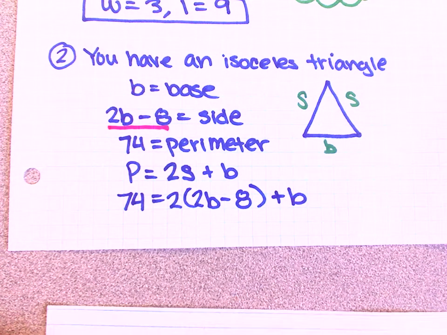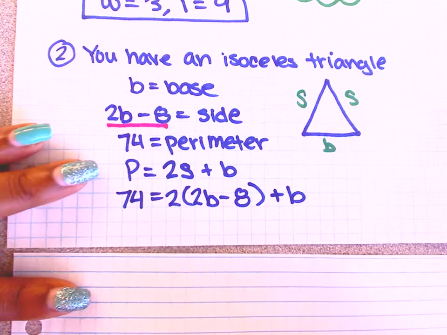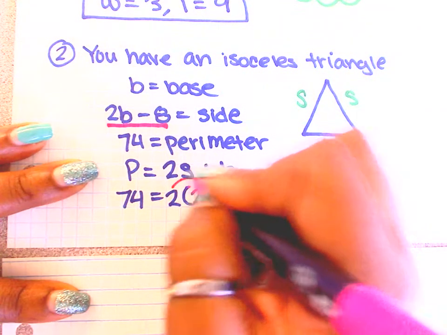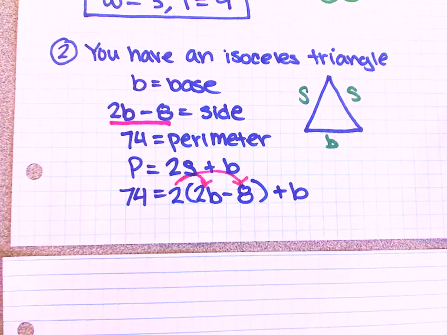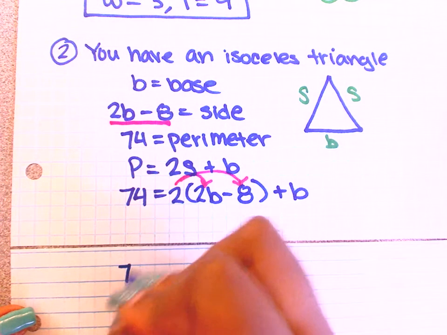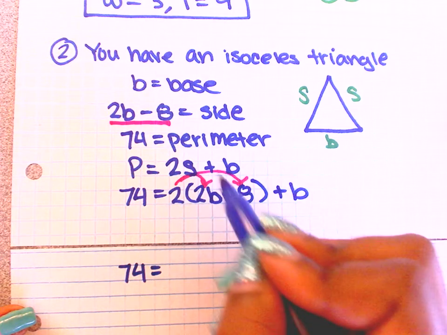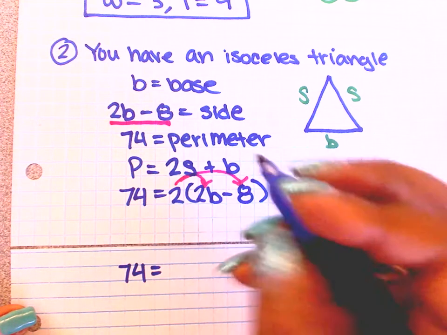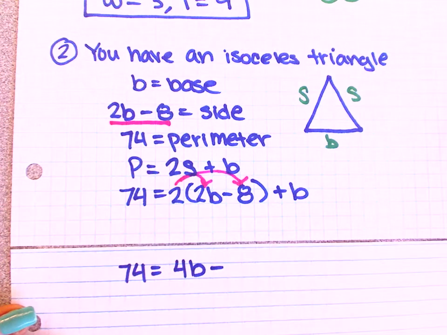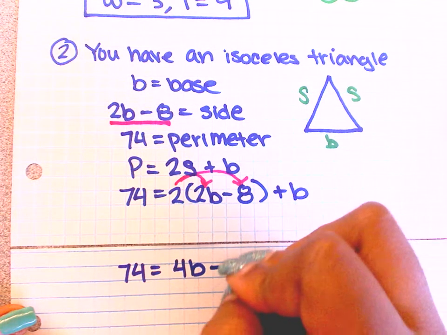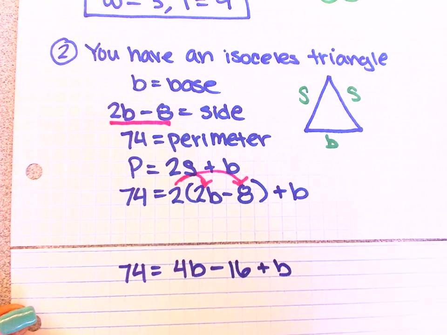All right, so then to simplify the sides of the equation, I need to distribute. So 74 equals 2 times 2b, 4b. Bring down my minus sign. 2 times 8, 16. Plus b. Brought that down. So I just distributed.